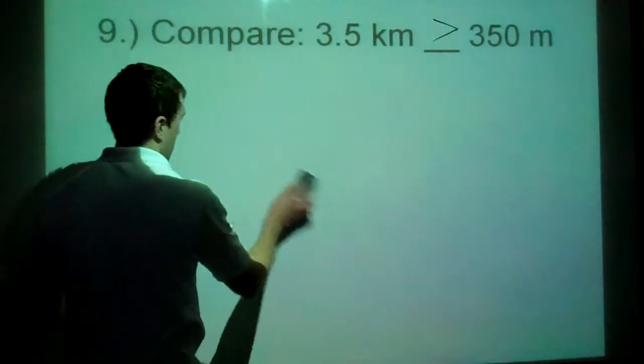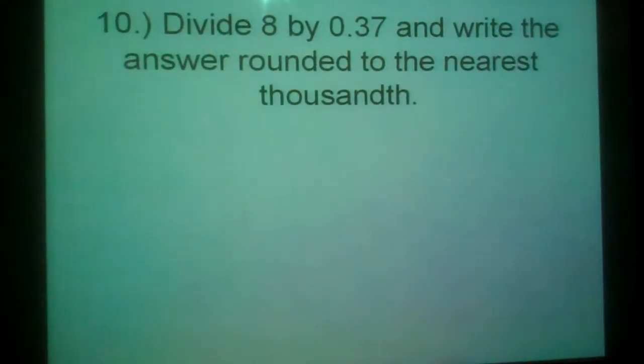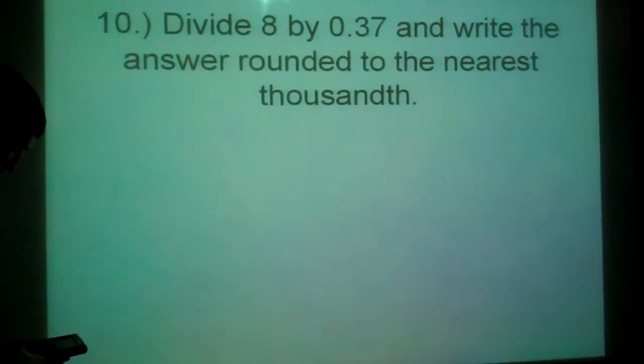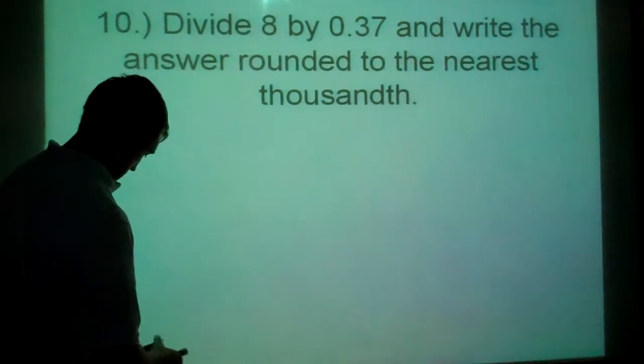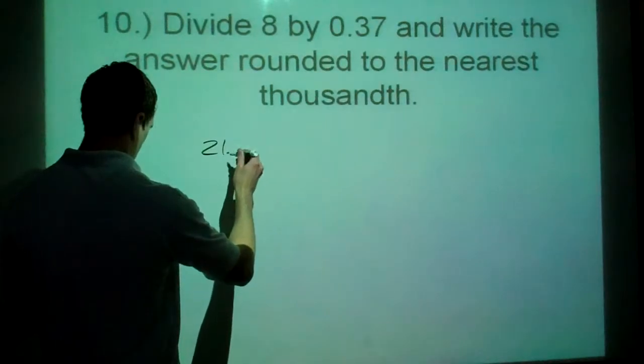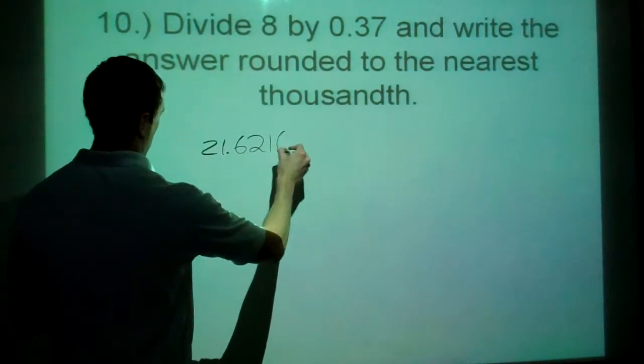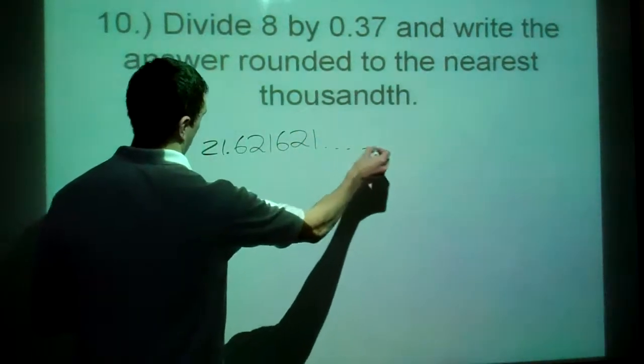And number 10, which will be the last one for today. Divide 8 by 0.37. Write the answer rounded to the nearest 1,000. I'm going to use the calculator here just to save time. 8 divided by 0.37. We get 21.621, and it keeps going on like that.